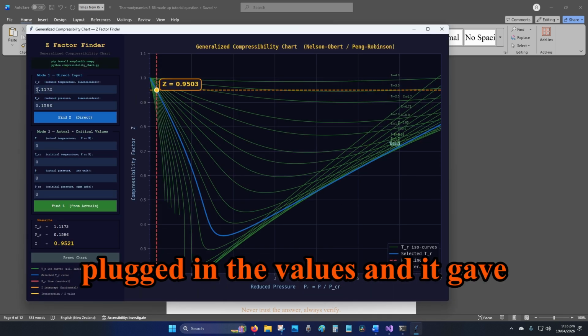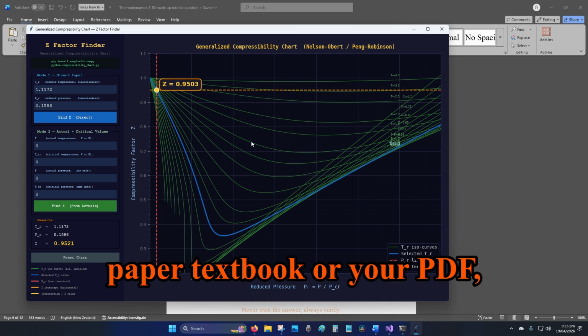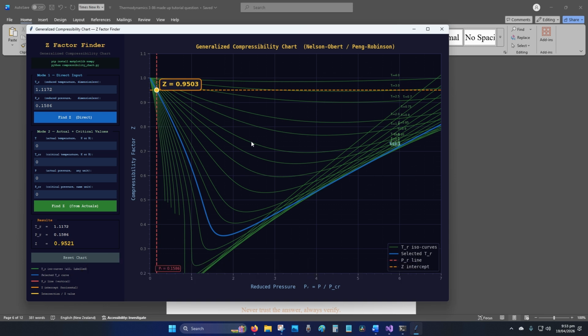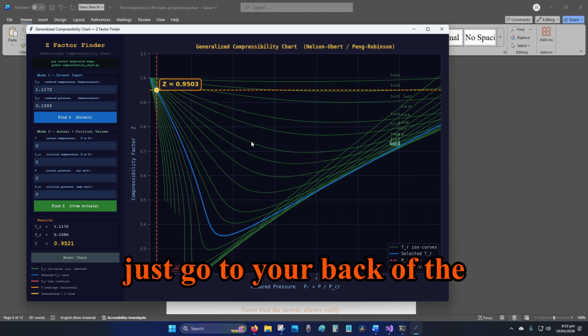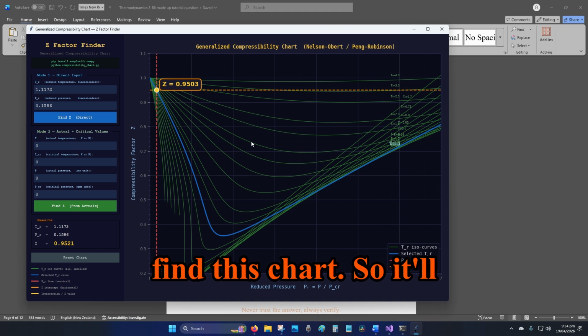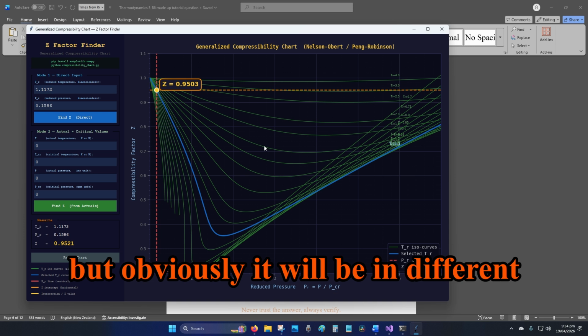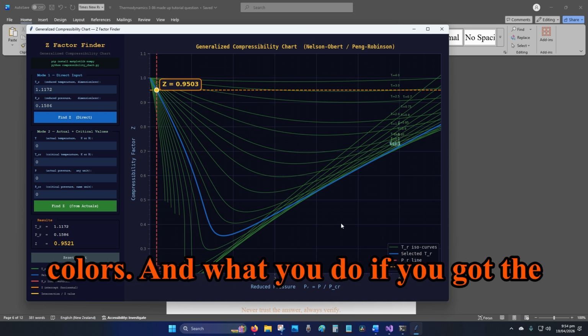So I plugged in the values and it gave me this value. If you've got your actual paper textbook or your PDF, just go to the back of the textbook and then you will be able to find this chart. It'll look something like this, but obviously it will be in different colors.